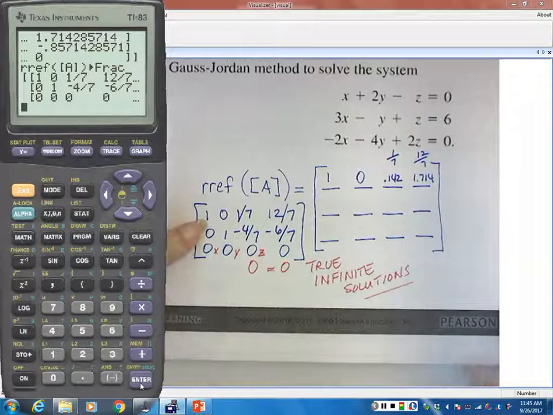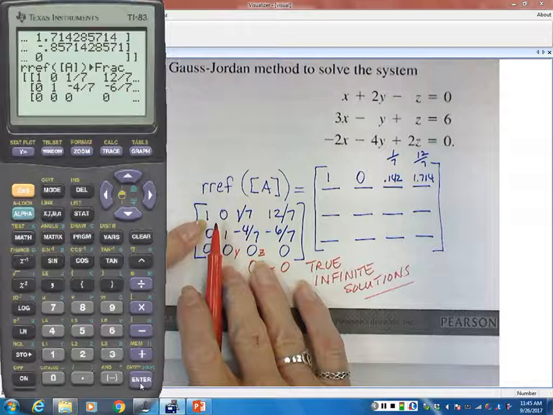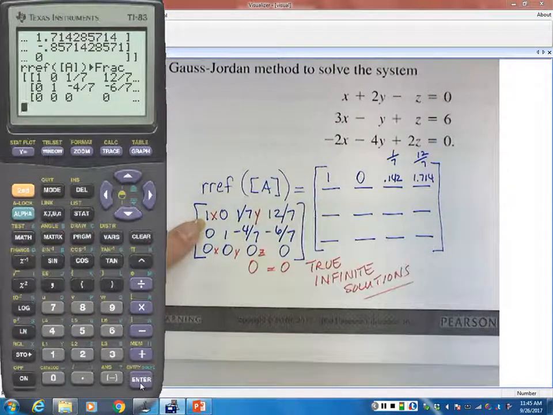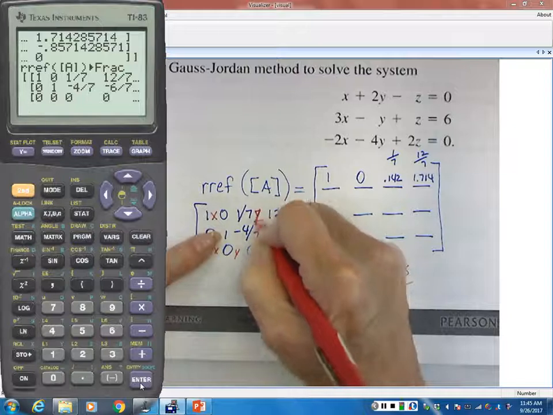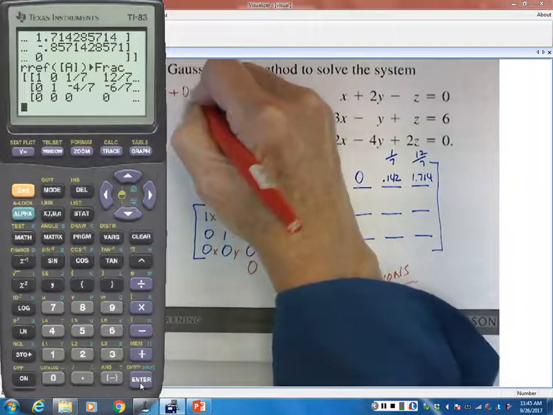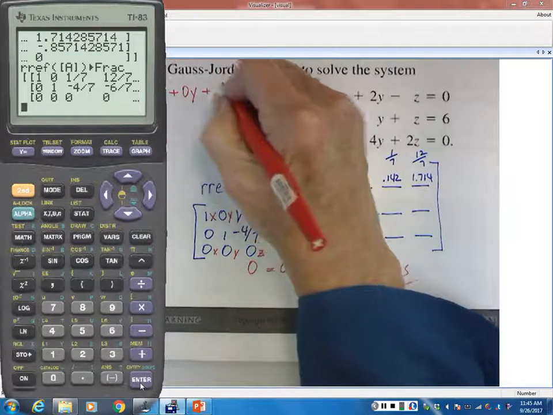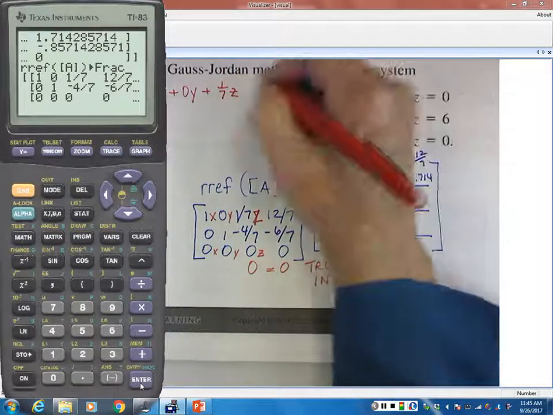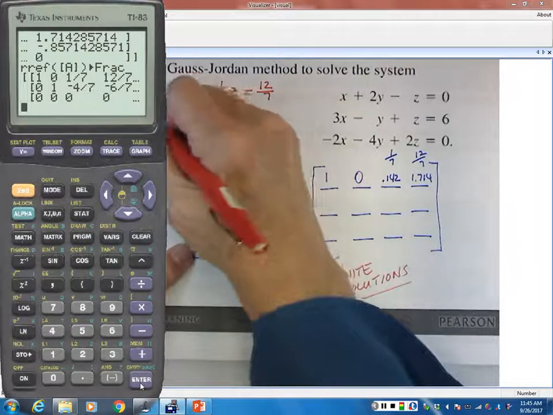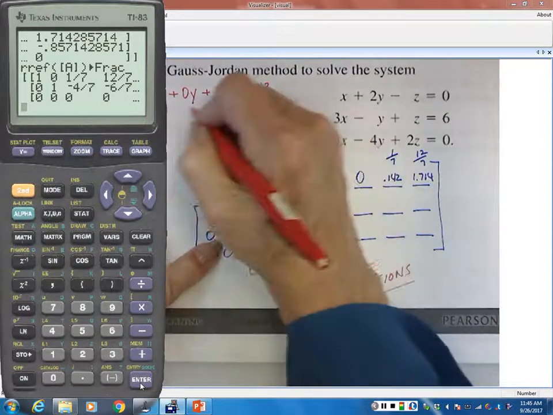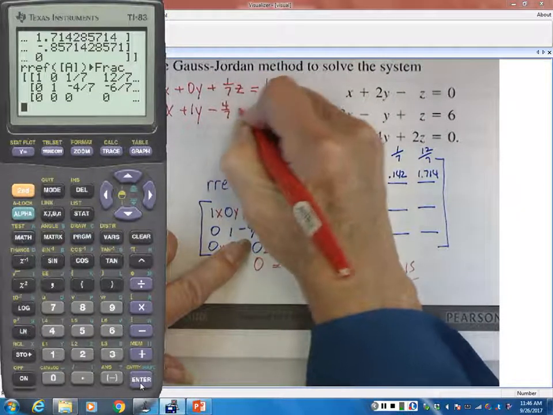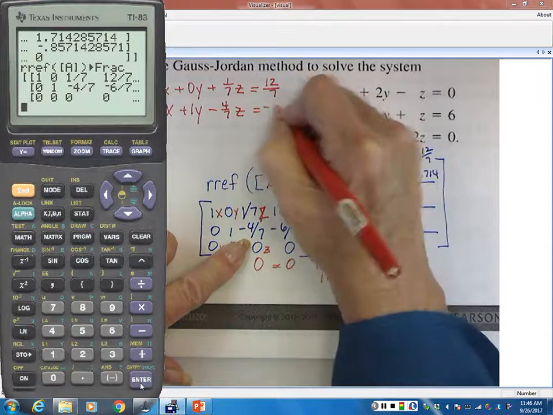What we're going to do is take this first equation and transform it back. 1x plus 1/7 z, because 0y, is equal to 12/7. And the second one gives us no x's plus 1y minus 4/7 z is equal to -6/7.